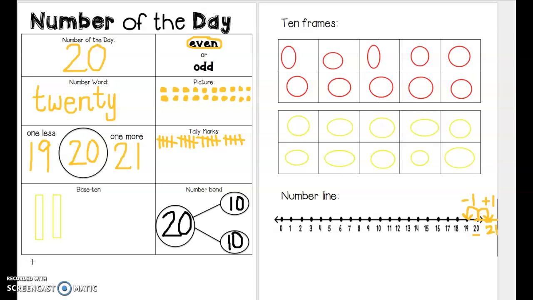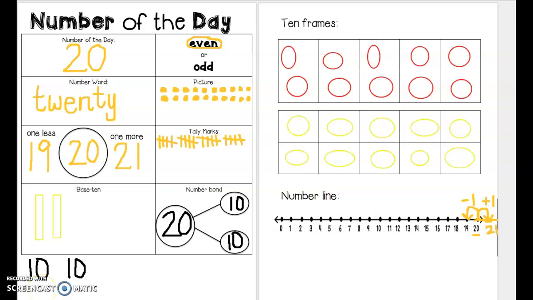If one chicken laid 10 eggs and the chicken beside her laid 10 more eggs, how many eggs would they have all together? Am I going to join those numbers, or am I going to separate them?